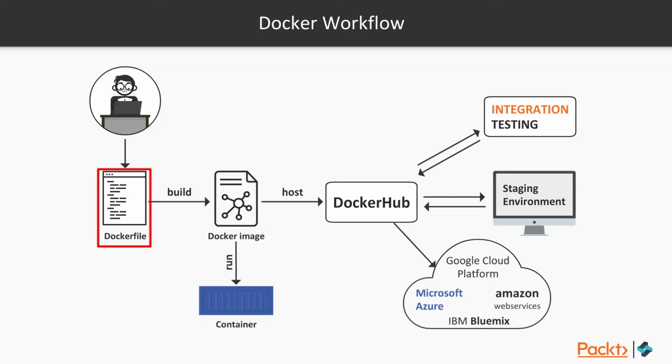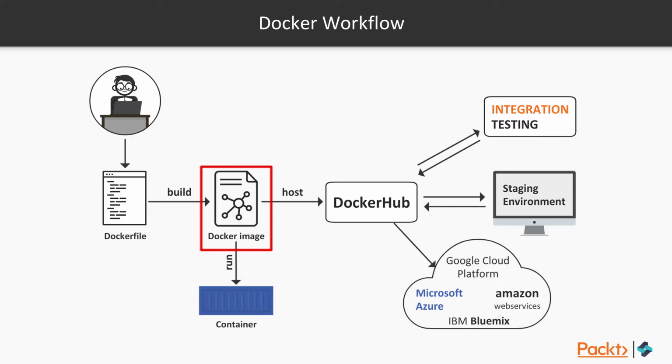A Dockerfile, you can just assume it is a type of recipe book where you provide all the ingredients used to cook a particular item. The same way you're cooking your application. So basically, you configure all the dependencies and libraries required for your application in a file called a Dockerfile. This Dockerfile is then run and a Docker image is built from the Dockerfile.